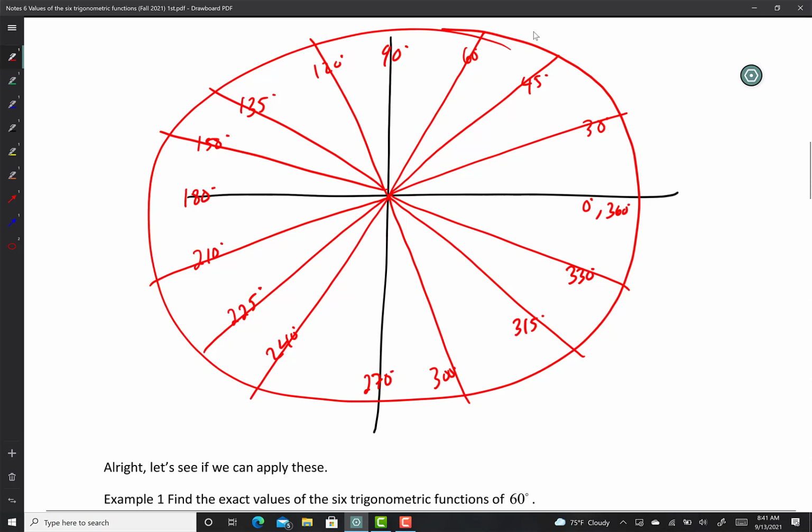Do you guys remember your radians? I'm going to label the radians in green. 0, pi over 6, pi over 4, pi over 3, pi over 2.